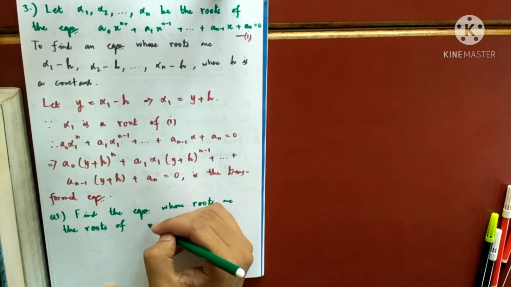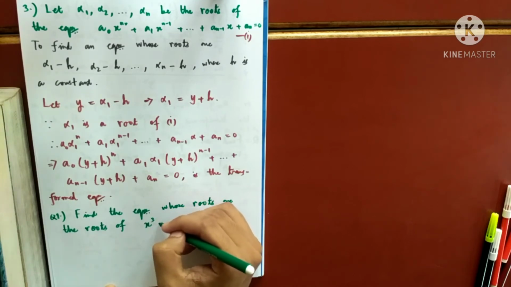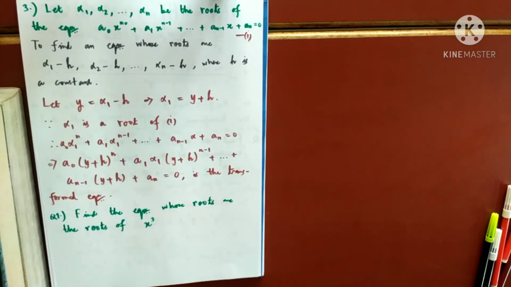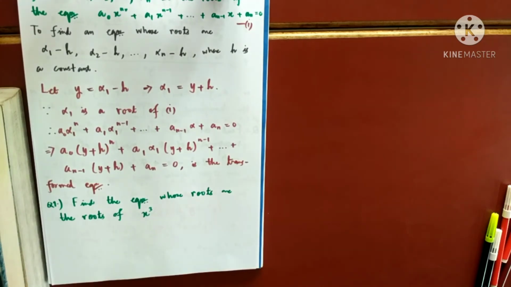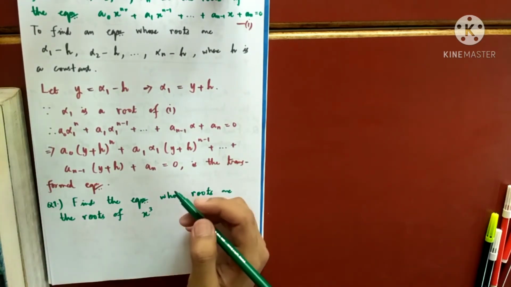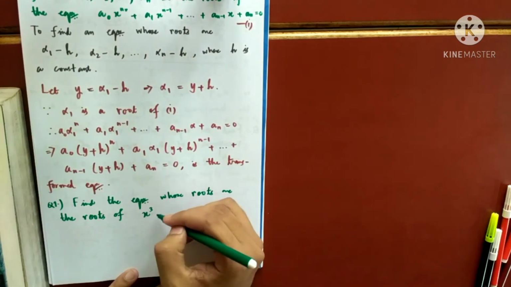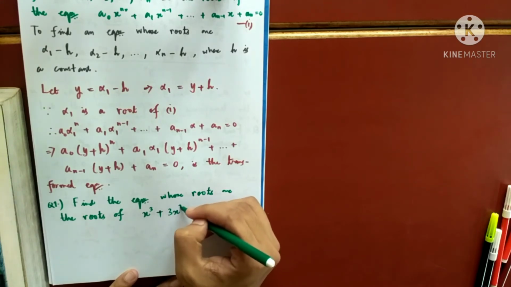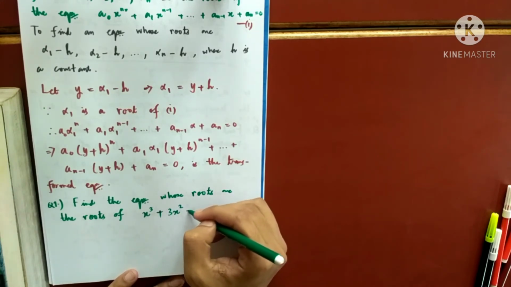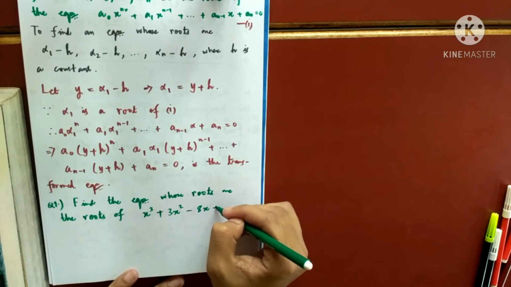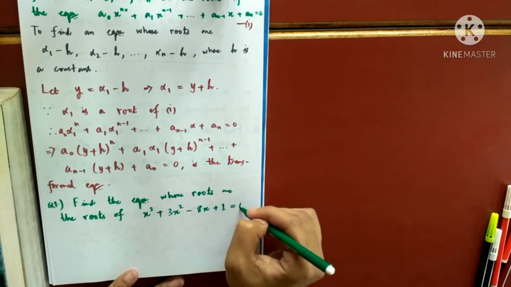What is the equation given to us? x cube plus 3x squared minus 8x plus 1 equals to 0.